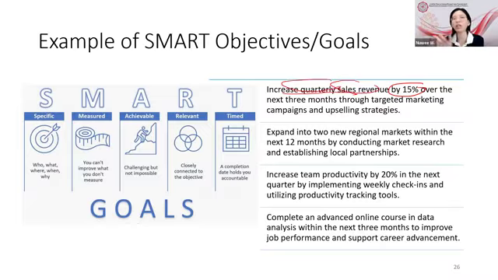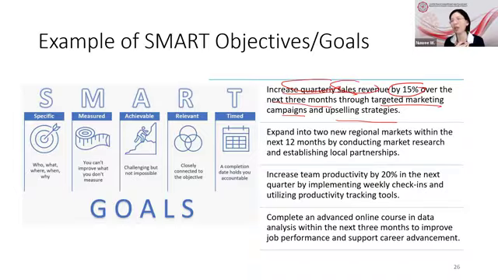Which type of sales? Quarterly sales, not just any sales, right? And it should be done over the next 3 months, right? So we have time bound, the next 3 months or the next quarter. How? Through targeted marketing campaigns and upselling strategies. So this makes it more attainable, more relevant, and maybe more specific.